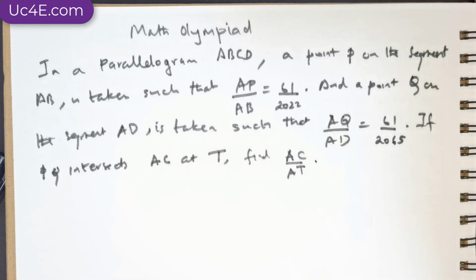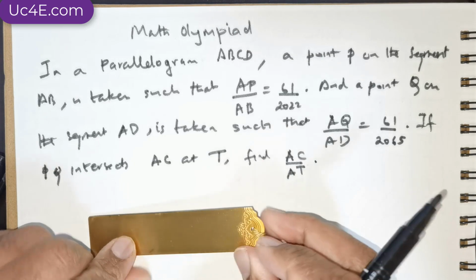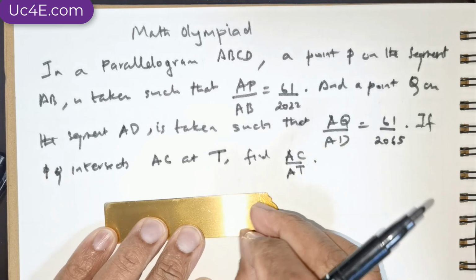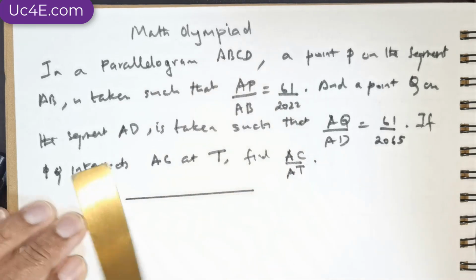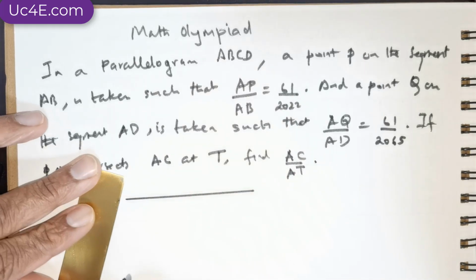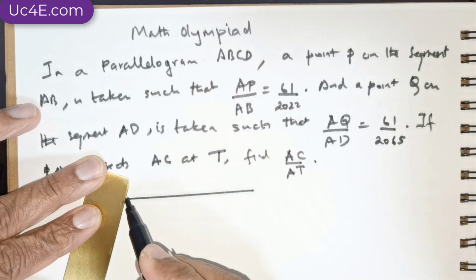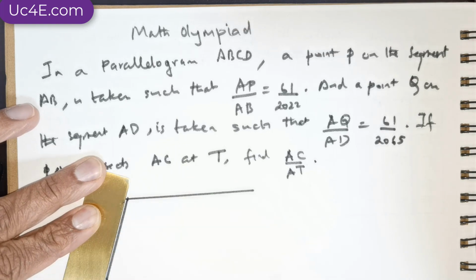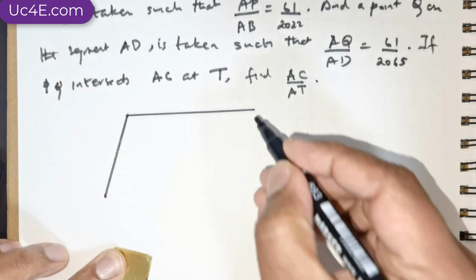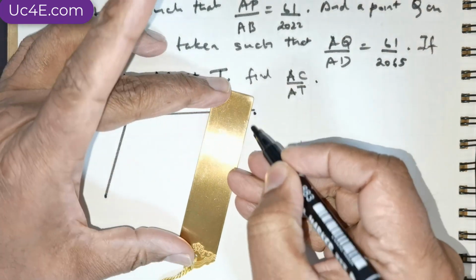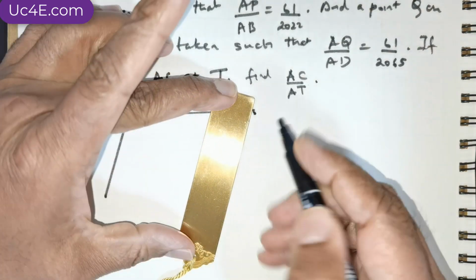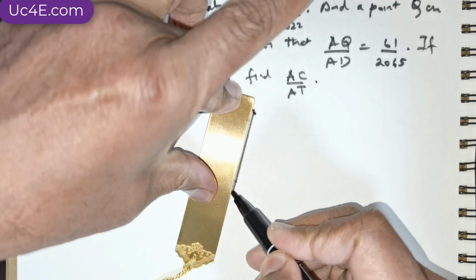It looks very interesting. So foremost, what we will have to do is draw the parallelogram. So let me draw the parallelogram. I can draw this in freehand, but it doesn't look good drawing things in freehand.